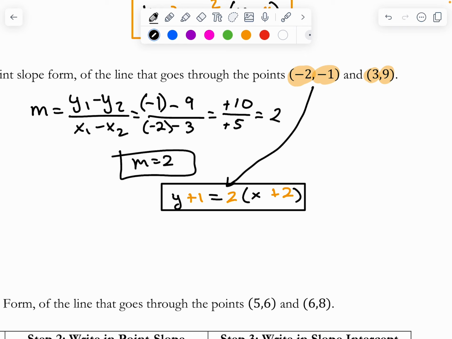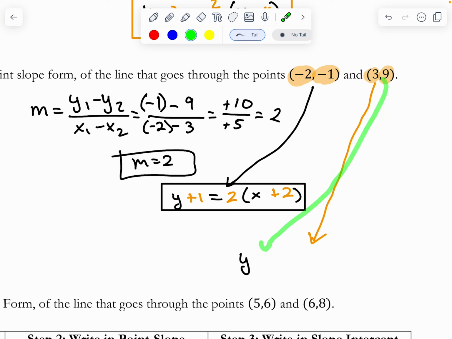Now let's do that with the second point. All right. Y. Because I have a positive y1, we're going to plug in -9 here. We're going to write in -9. This is equal to my slope, which is 2.